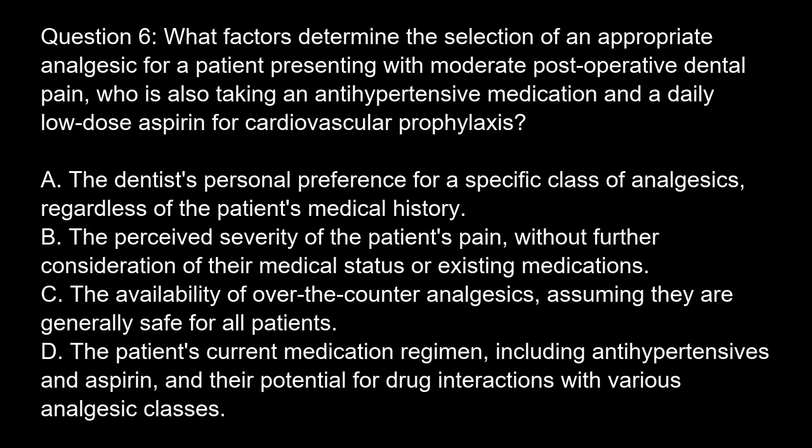Option B. The perceived severity of the patient's pain, without further consideration of their medical status or existing medications. Option C. The availability of over-the-counter analgesics, assuming they are generally safe for all patients. Option D. The patient's current medication regimen, including antihypertensives and aspirin, and their potential for drug interactions with various analgesic classes.